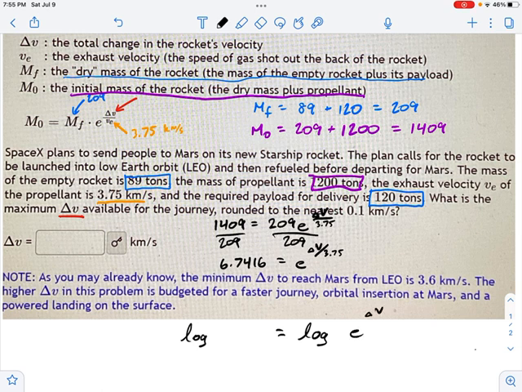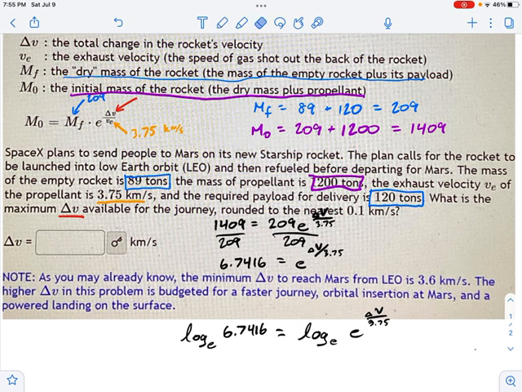So there's delta V over 3.75, like that. And the question is, what should I choose for my base? I could pick anything. I could pick 10, but there is one number that's very useful, which is e. And the reason I want to pick e is because that matches the base on this side, so things are going to cancel out very nicely.